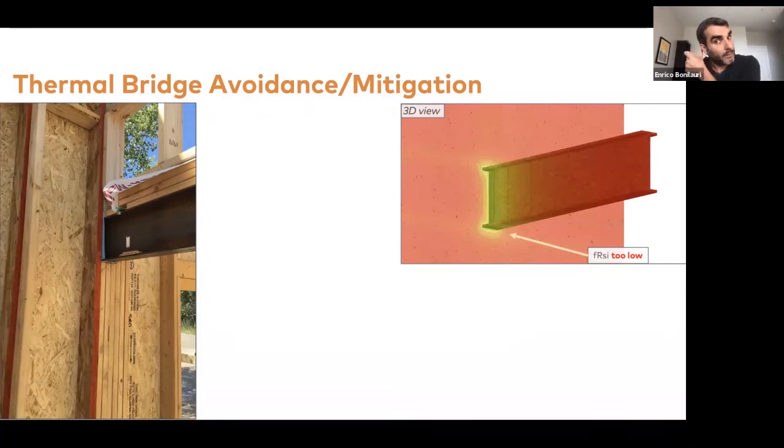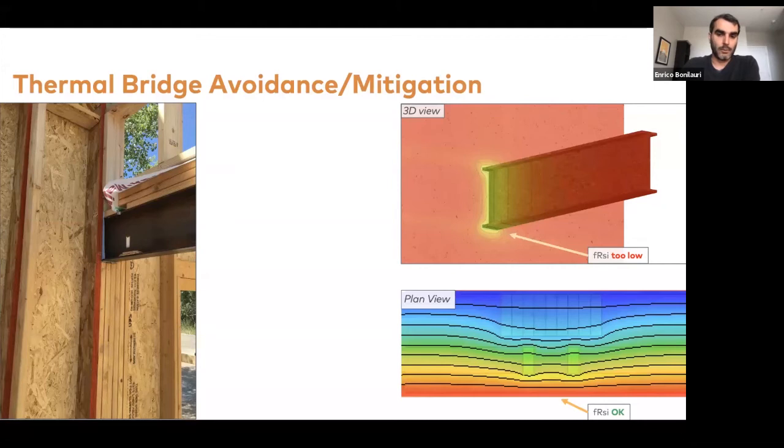The 3D thermal bridge on the right-hand side shows that the fRsi value is too low, meaning that there will be mold or condensation forming there. Whereas the mouse, you're looking at the floor plan view of the wall assembly. And although there's a significant amount of wood reducing the R value around the wood column, the fRsi value is actually okay.